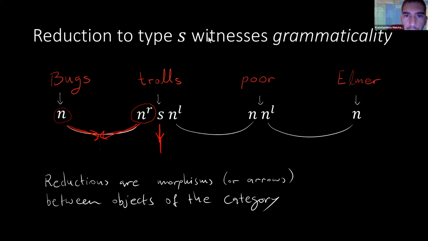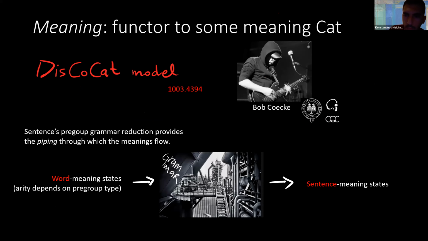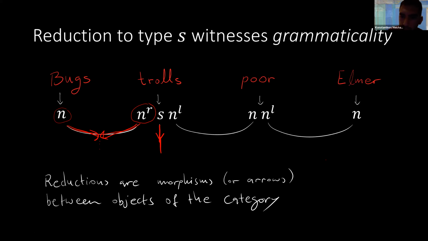Also, on what basis are N and N to the R or N to the L assigned to these words? This is done with a classical method. I should give a reference to Preller. The reference is Linear Processing with Pregroups, by Preller.